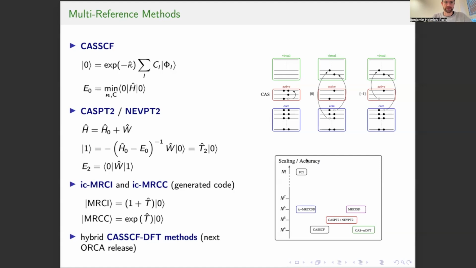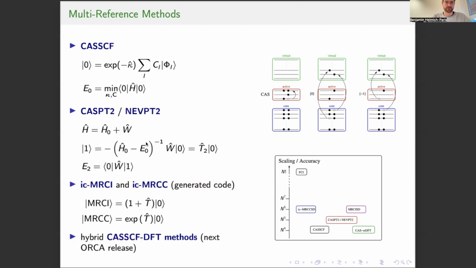Having the CASSCF solution, we can also add here a second order energy correction to the CASSCF energy. This we do by perturbation theory. In perturbation theory, we split our Hamiltonian into a zeroth order part, which describes the effective electron interaction, and then a so-called fluctuation potential, which describes the explicit electron dependency.